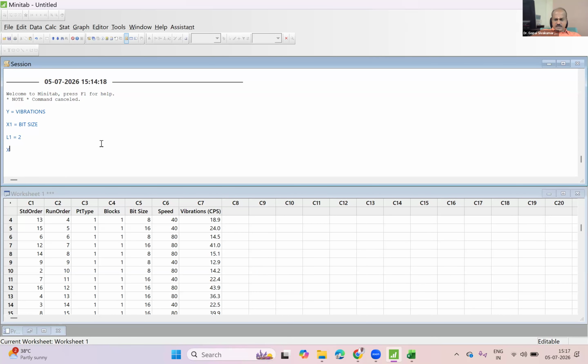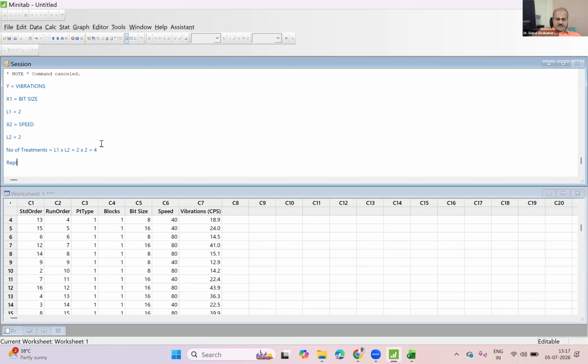Another factor, x2, is the speed, again with two levels, 40 RPM and 80 RPM. Now the number of treatments is L1 multiplied by L2, which is 2 into 2 equals 4.